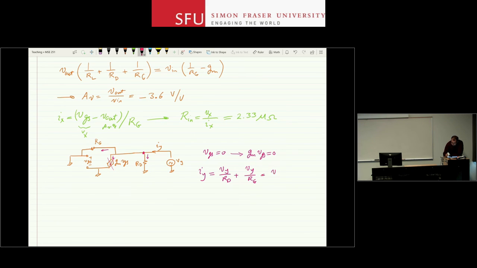Or it's VY times 1 over RD plus 1 over RG. All right? So therefore, R out, which is the ratio of VY over IY, is going to be 1 over RD plus 1 over RG, the entire thing in a denominator of a fraction, or we know how to write this. It's RD in parallel with RG. And that will be the small signal output resistance.